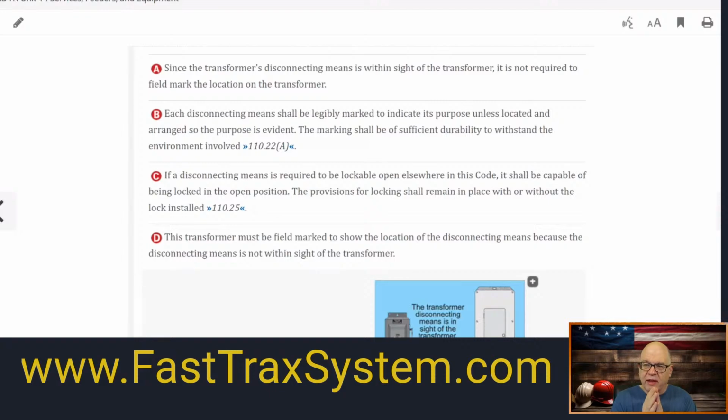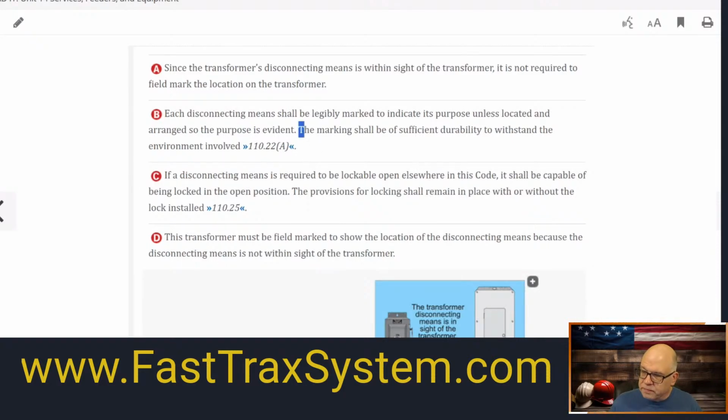Well, this is saying, this transformer disconnect, if it's located right beside the transformer, then obviously you can see the raceways or cables going over to it. It's obviously associated with that transformer. So it makes the markings unnecessary because it's very evident what these disconnects are controlling, okay?